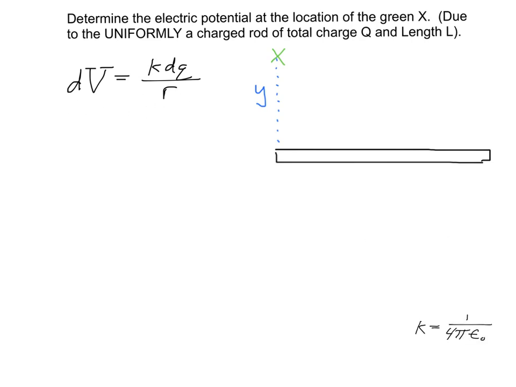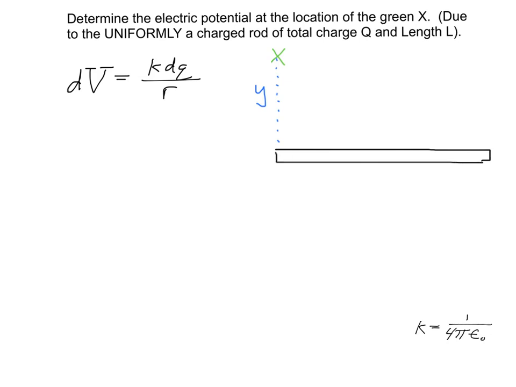To use this expression, which we're going to eventually put in an integral, what we need to do is find some prototypical dq along this charge distribution, represent the straight line distance from there to the field point with our r, and then set up a function that we can integrate so we can get all the contributions to the electric potential.